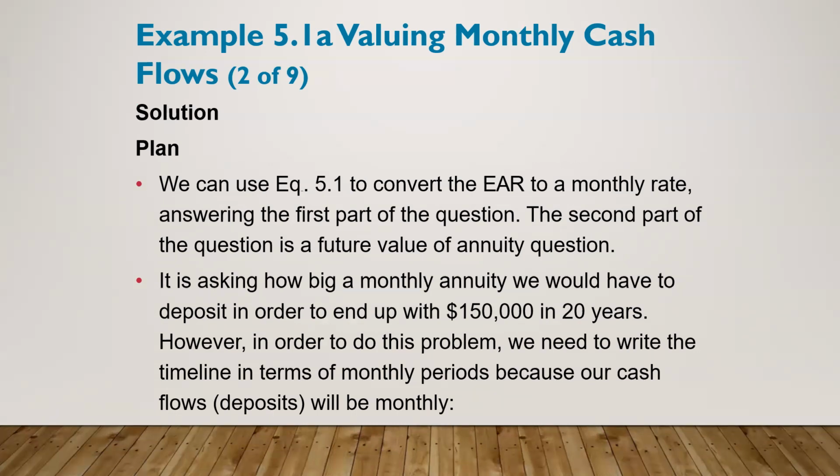It is asking how big a monthly annuity we would have to deposit in order to end up with $150,000 in 20 years. However, in order to do this problem, we need to write the timeline in terms of monthly periods because our cash flows, deposits, will be monthly.